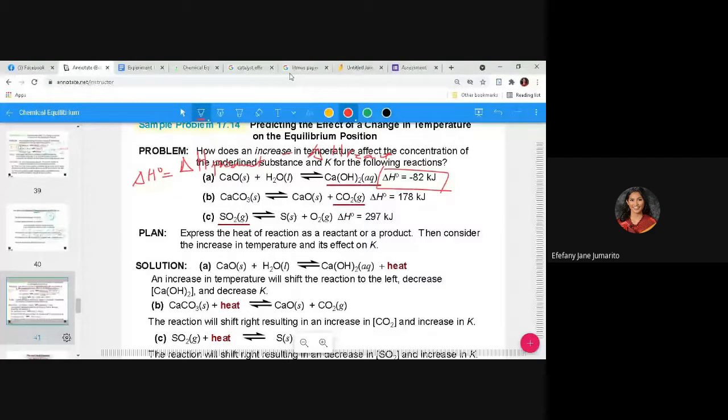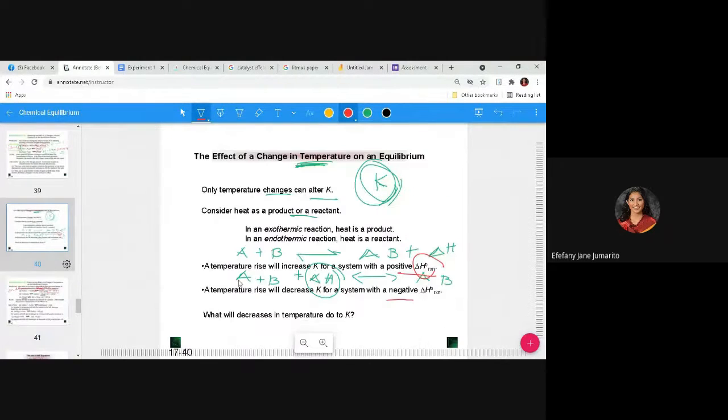Yes, ma'am. Now, if we have negative, it means that the heat in the reactant is greater. So the heat is used as a reactant. So is this endothermic or exothermic? Endo. Exothermic. Endothermic.